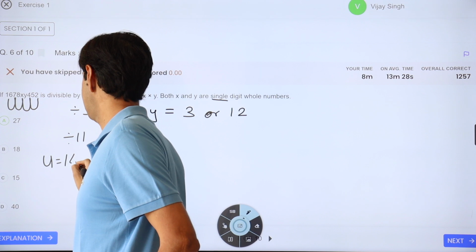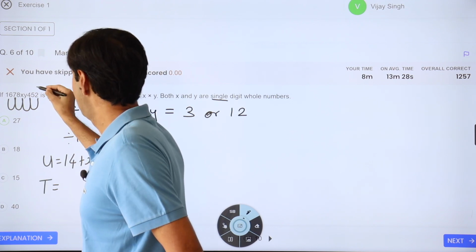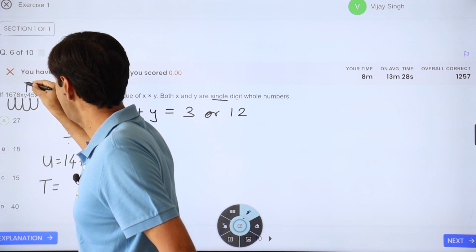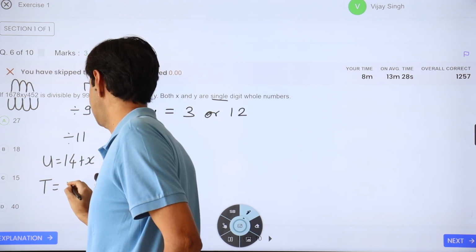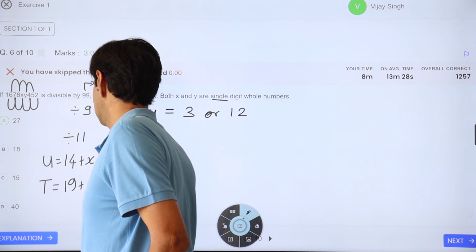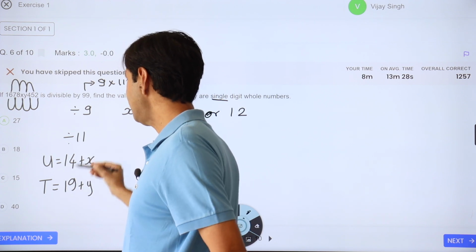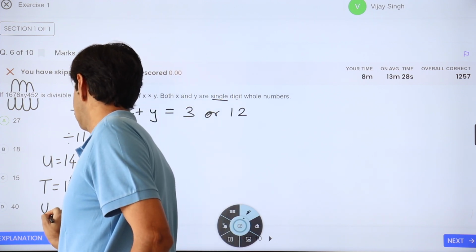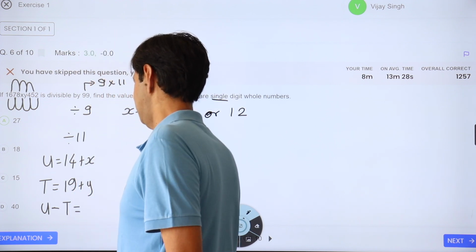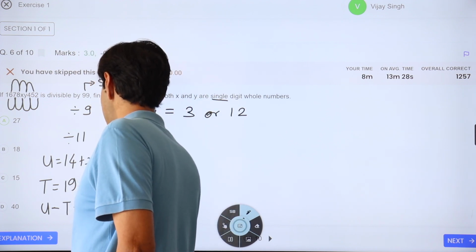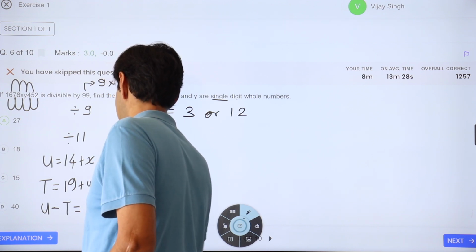Units is 14 plus X. Tens: 5 and a Y, 8 and 5, 13, 13 and 6, 19. 19 plus Y. I'll do U minus T. So when I do U minus T, this minus this, we get an X minus a Y, and we also get a minus 5.